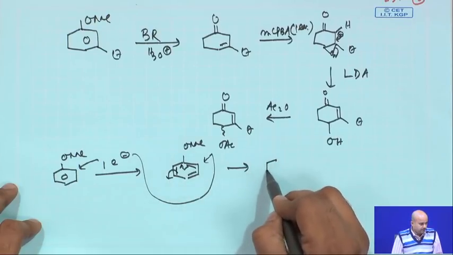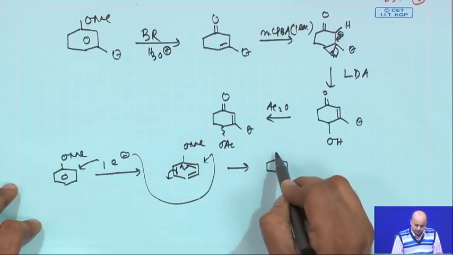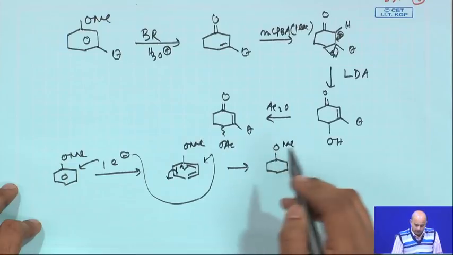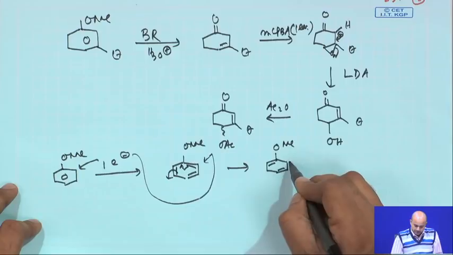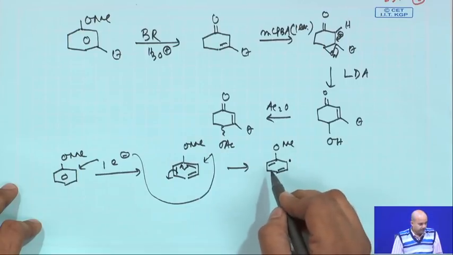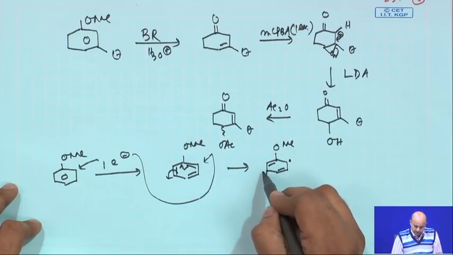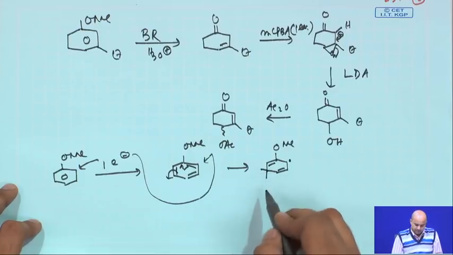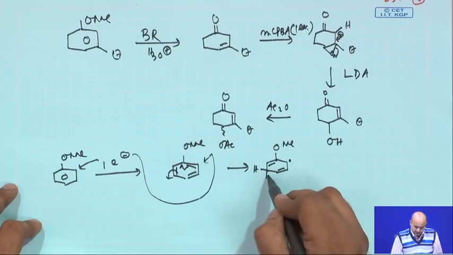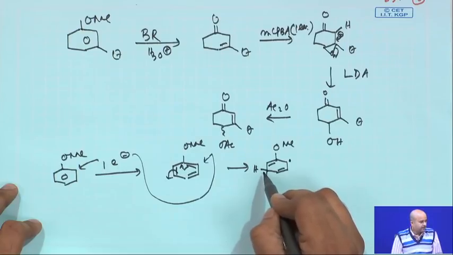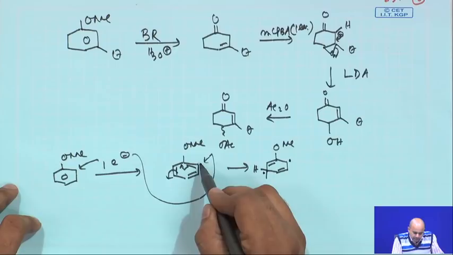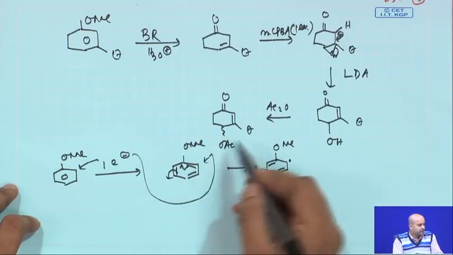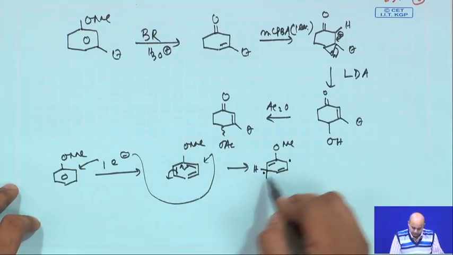It will now leave an O methyl, this is here, this is here, you get a dot here, and you get an H, and this is also a dot here. So, you get a dot here, and this electron has been transferred.